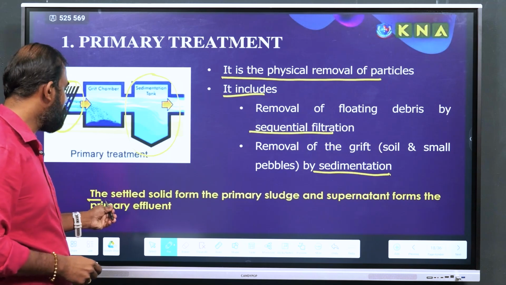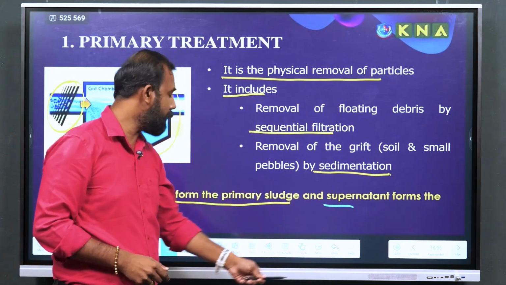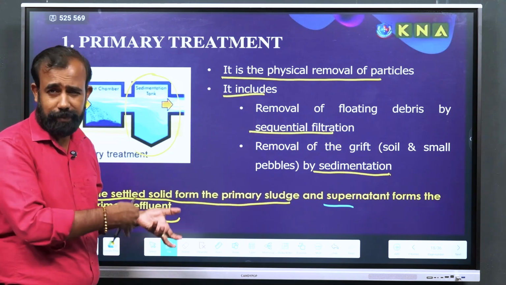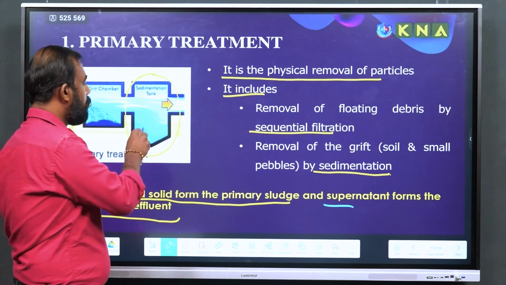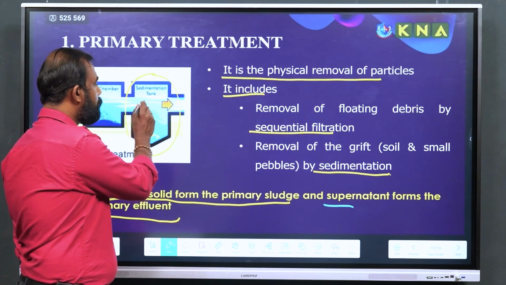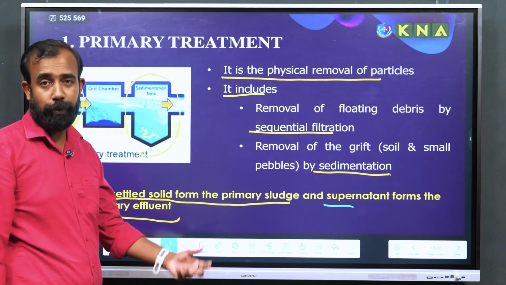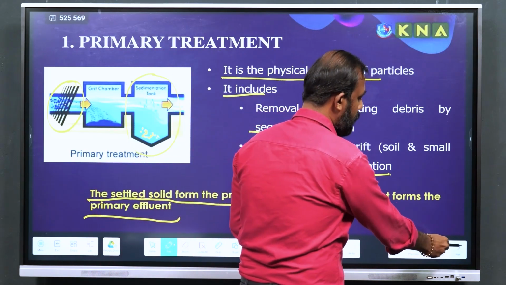The settled solids form the primary sludge and the supernatant forms the primary effluent. Supernatant means water. We need the primary effluent. So this is a primary treatment.